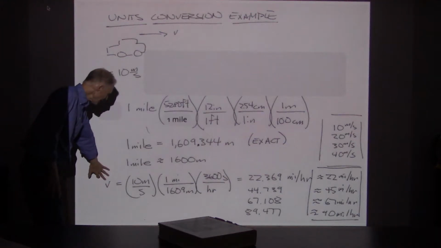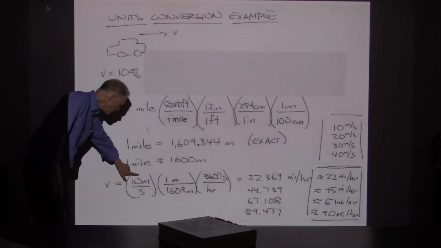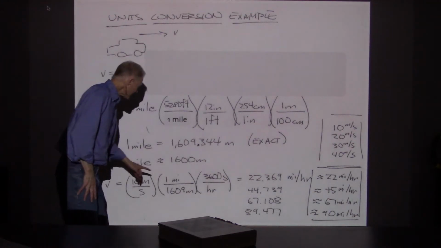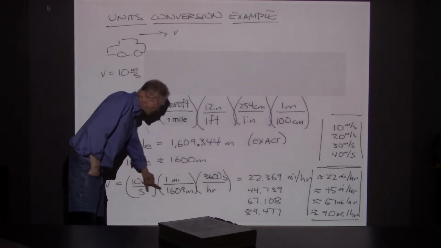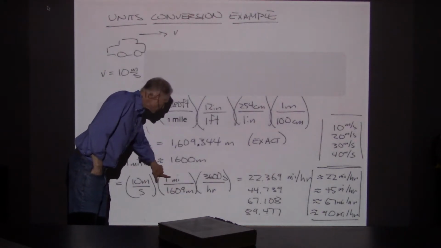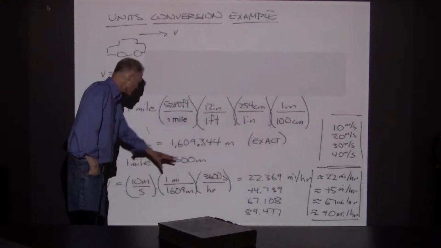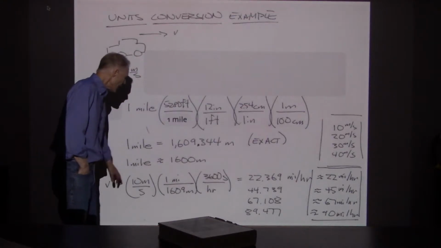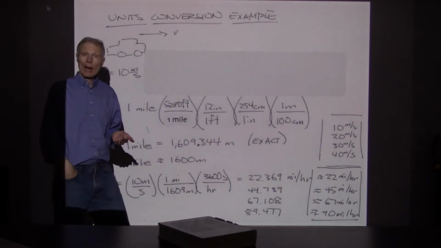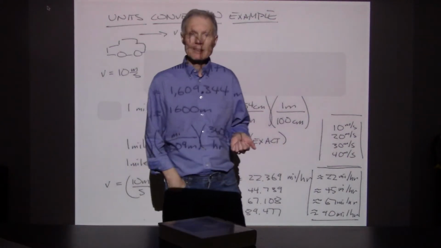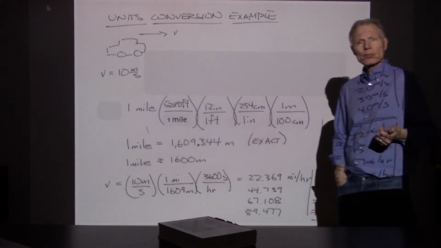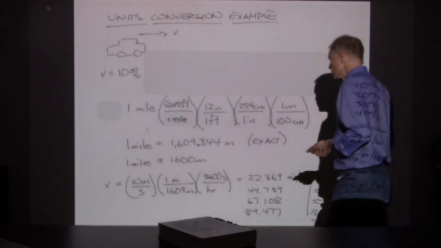So let's do this. Let's say now the velocity of 10 meters per second. I can take out the meters. I'm going to say 16.09 meters is 1 mile. That's enough precision with 4 significant figures. And then how many seconds are there in an hour? That would be 60 times 60, so that's 3,600 seconds.